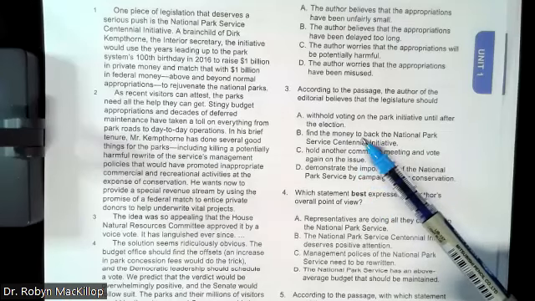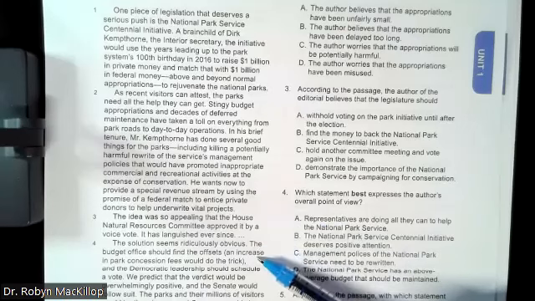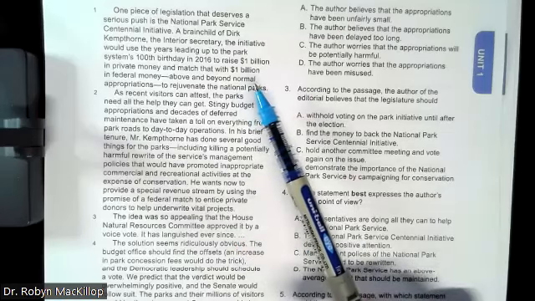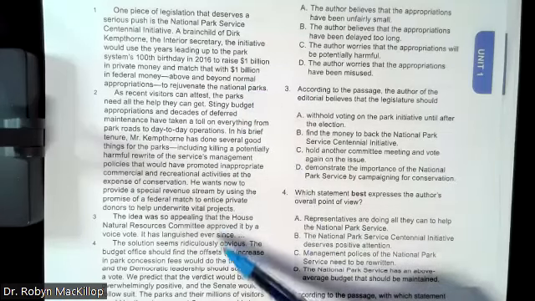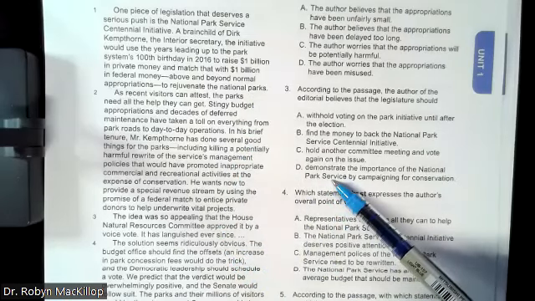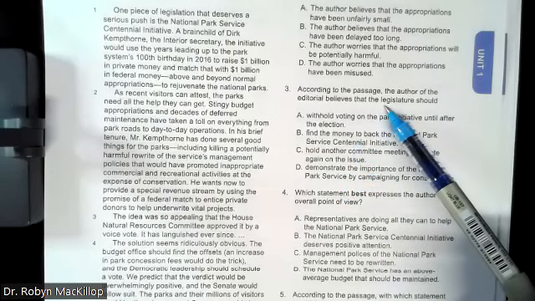Is he wanting to find more money? The budget office should find the offsets, an increase in park concession fees. Matching 1 billion with 1 billion. What do you think? D is absolutely true. Is B slightly better for this question?